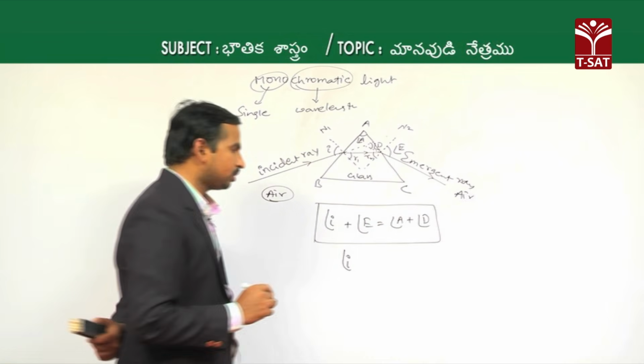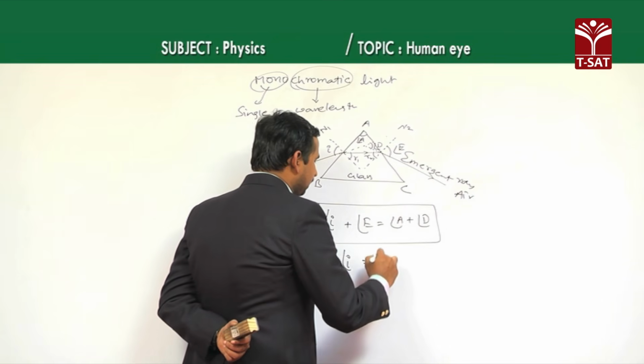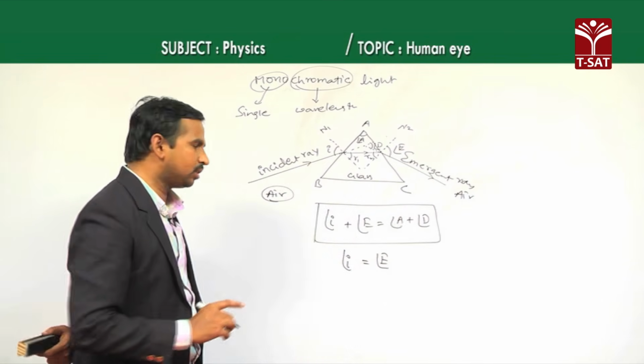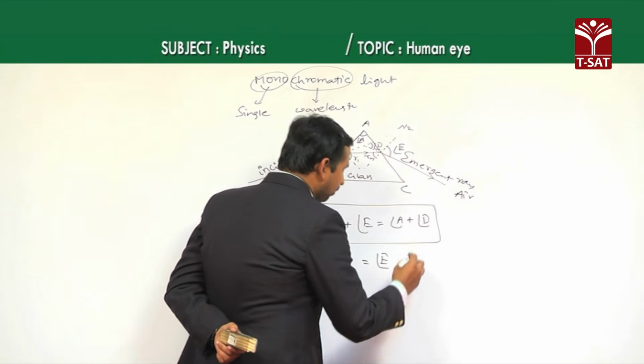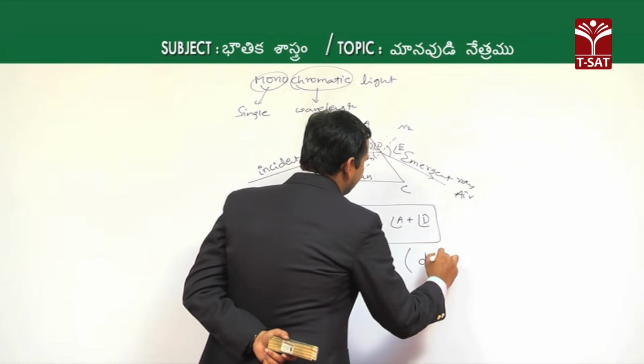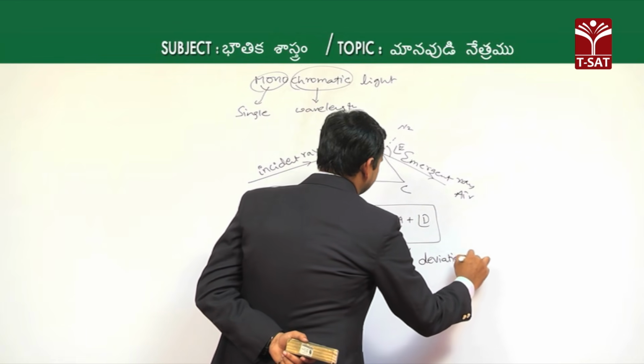At one particular stage, the angle of incidence and angle of emergence are both equal, and the deviation is minimum.